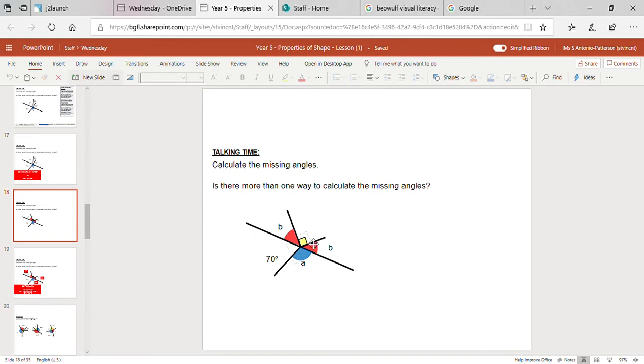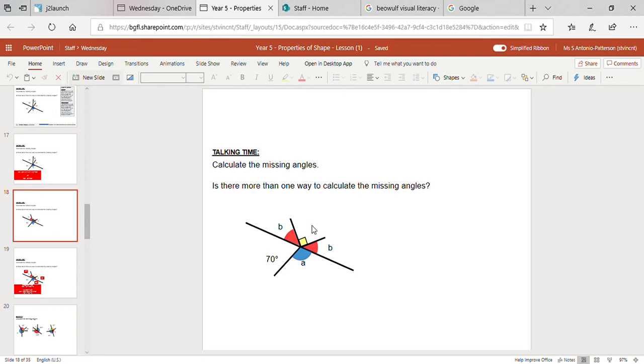Fantastic. As for this side of the straight line, we have not been given any angles, not explicitly anyway. However, being the clever children we are, we know that we have a right angle here. So this angle must equal 90 degrees. But guess what?